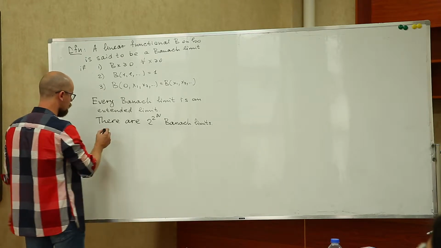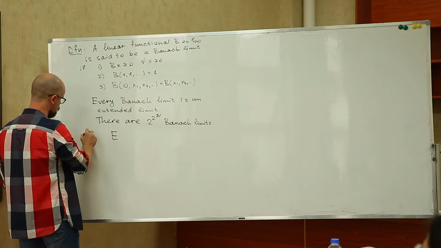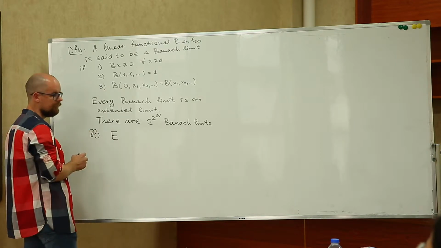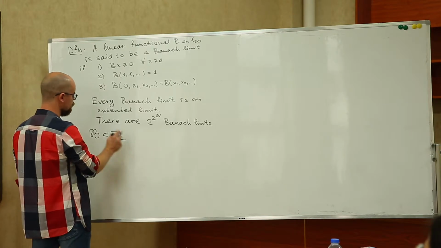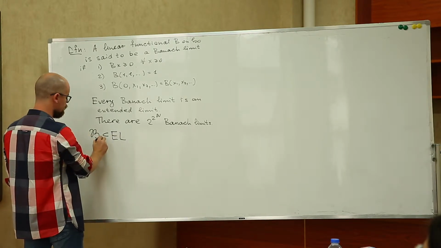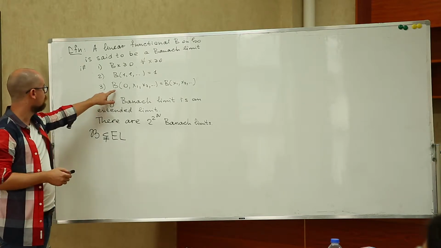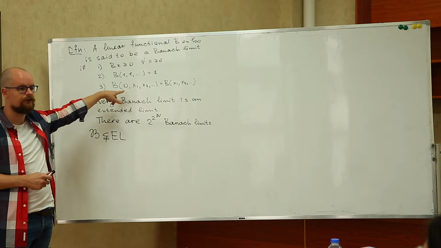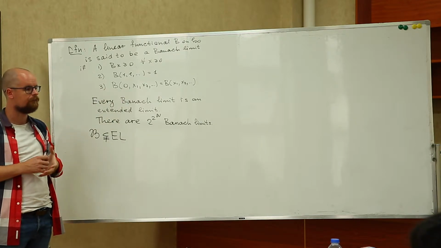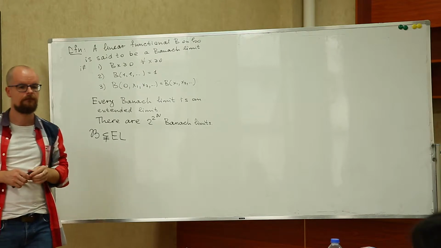The set of Banach limits, which I will denote by this fancy B, is a subset of extended limits, as I said, but they are not equal. Shift invariance is a fairly strong property. So it's just a subclass of extended limits.